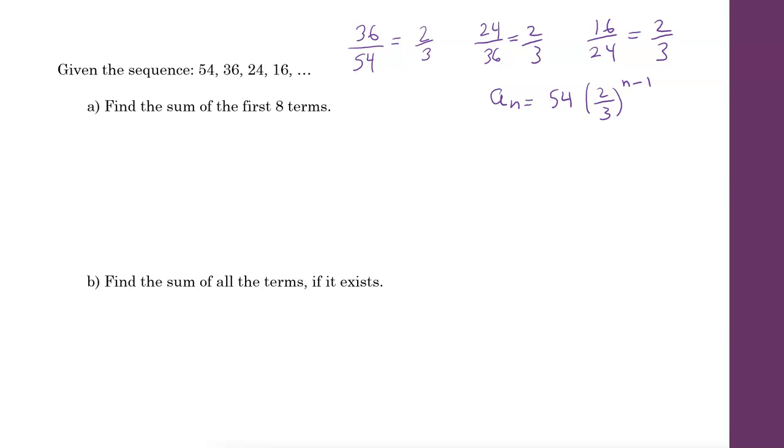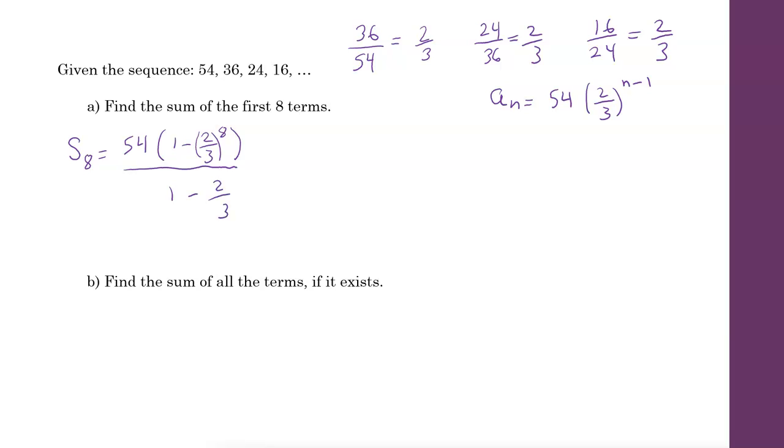But to find the sum of the first 8 terms, if you recall, the formula would require me to take my first term, which is 54, multiply it by 1 minus my common ratio, in this case 2/3, taken to the 8th power, because I'm finding the sum of the first 8 terms, and then divide that by 1 minus r, or 1 minus 2/3.